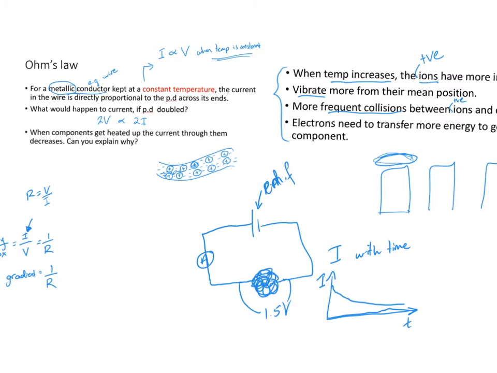So if the potential difference across it remains the same, that means V is equal to IR, so this is a constant number. Now if current is decreasing, that means the resistance is increasing. That means the electrons now need much more energy from the EMF to pass through the component that they did before, because the temperature is increasing as time goes by.